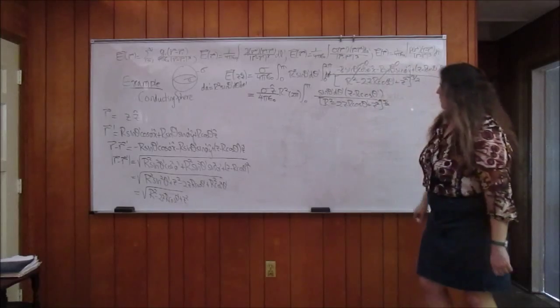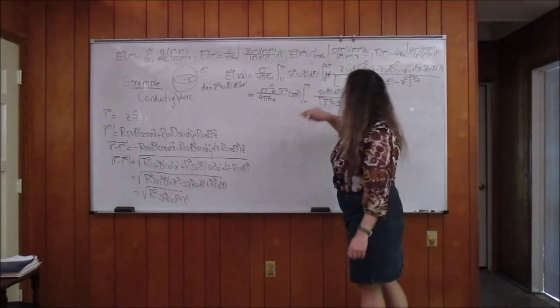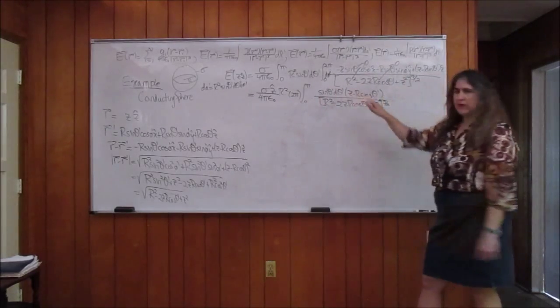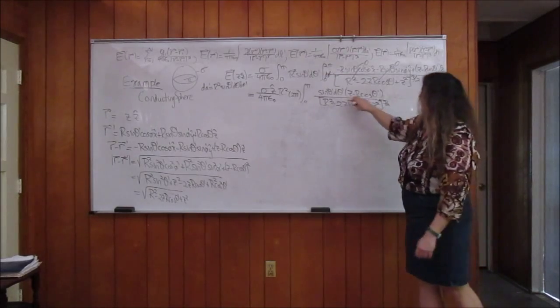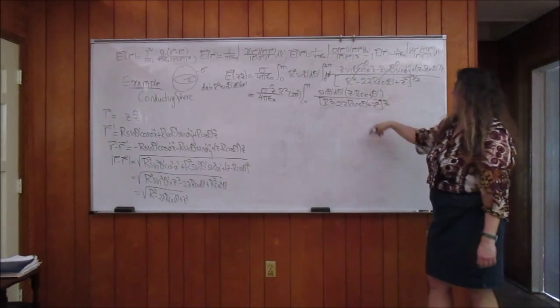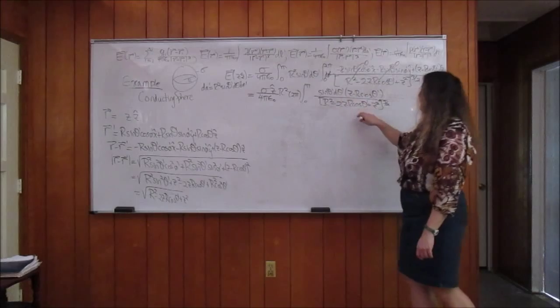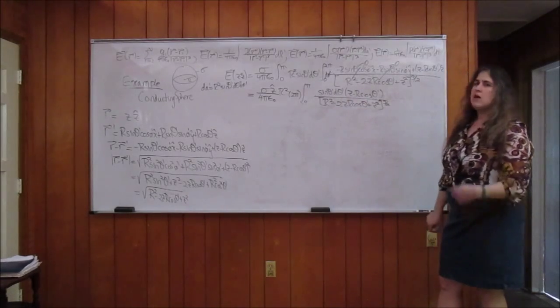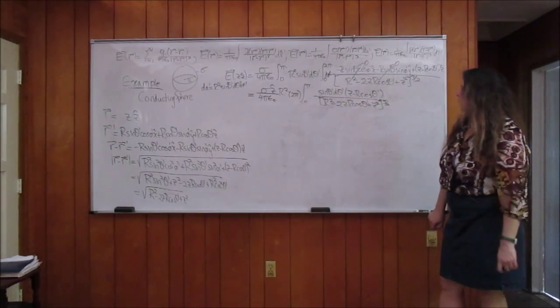Okay, so we've got these constants out front. We're integrating from 0 to pi of sine theta prime d theta prime, with z minus r cosine theta prime in the numerator. In the denominator, r squared minus 2zr cosine theta prime plus z squared, all to the 3/2 power.